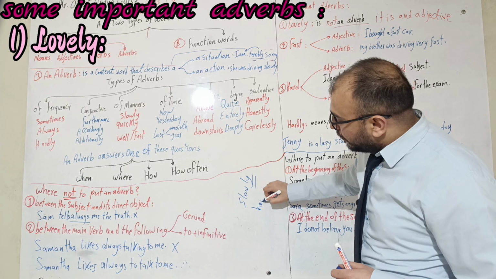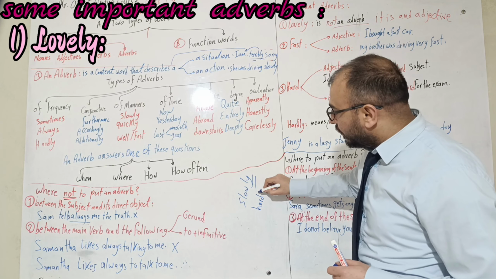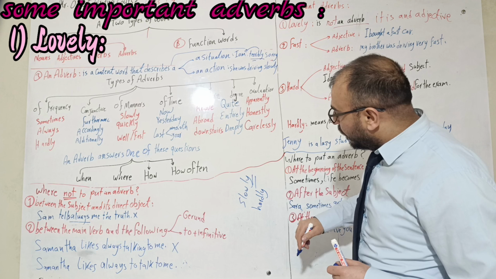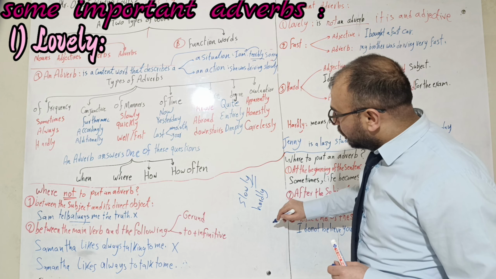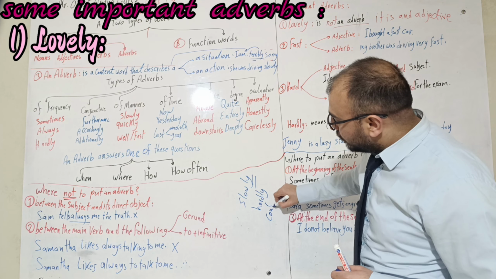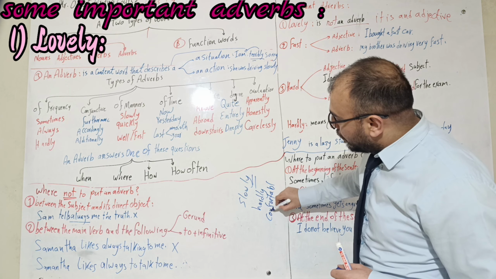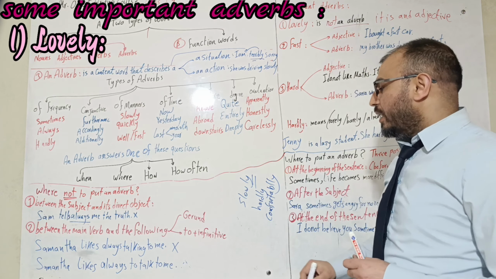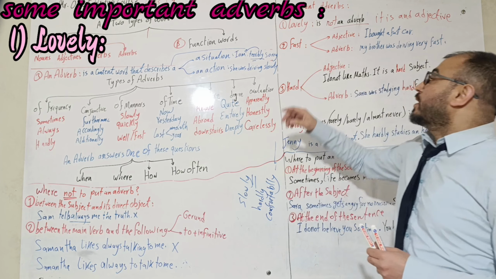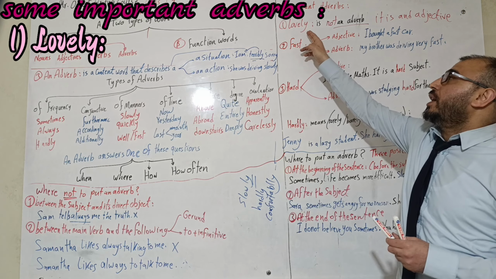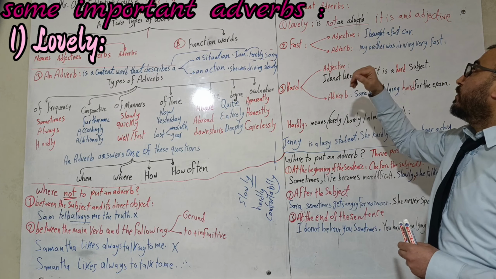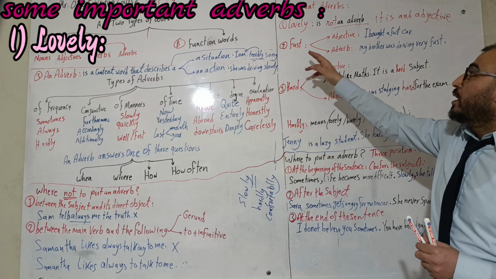We have hard, hardly. We have, for example, comfortable, which becomes comfortably, and so on. So, my friends, the ly here doesn't mean that the word lovely is an adverb, it's only an adjective.